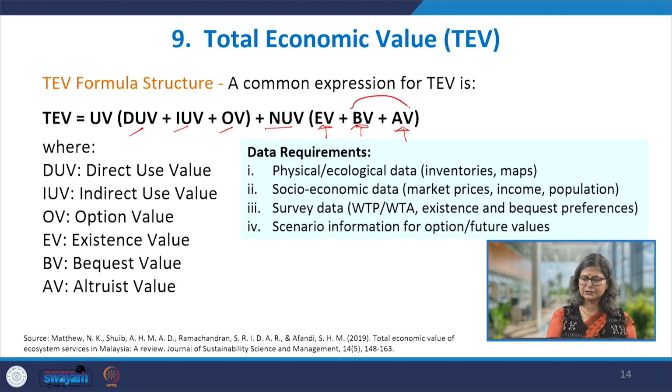These are the philanthropic ones. So the data required are physical ecological data, socio-economic data, survey data, like willingness to pay, existence and the bequest preferences, scenario information for option or future values. Those are the type of data required for this TEV.